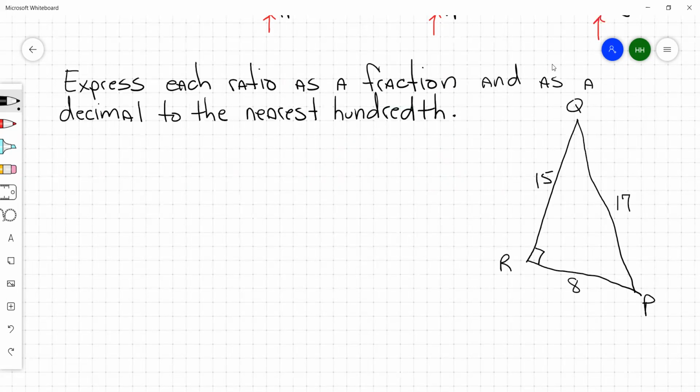First thing they're asking for is sine of P.